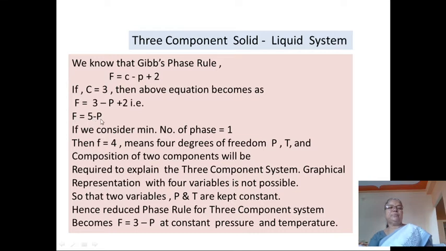When the number of phases is 1, the degree of freedom becomes 4; that means 5 minus 1, F equals 4. If we consider the minimum number of phases equal to 1, then F equals 4. That means 4 degrees of freedom, pressure, temperature and composition of two components, will be required to explain the three component system.